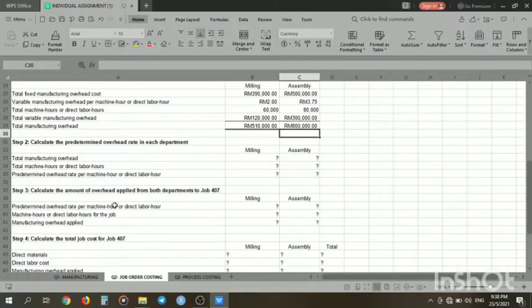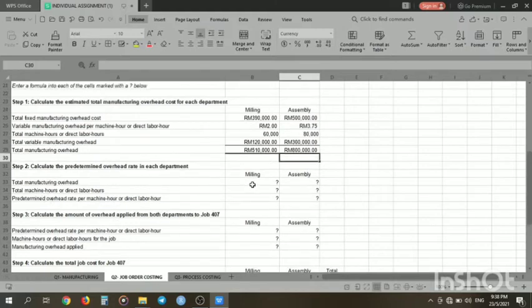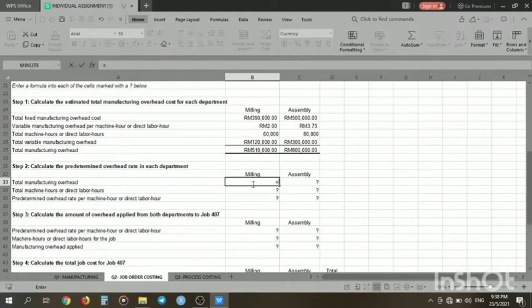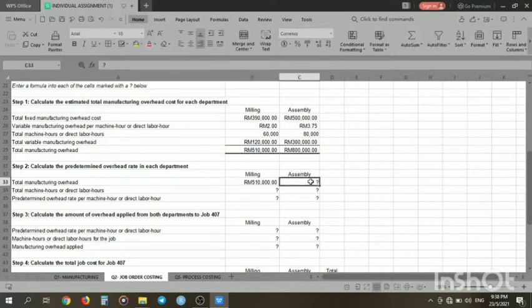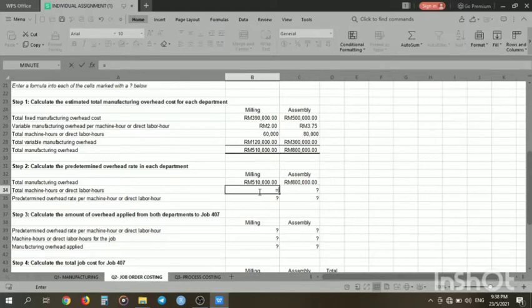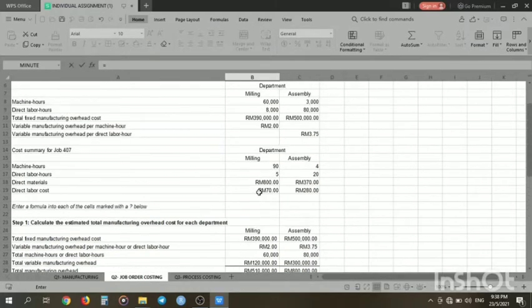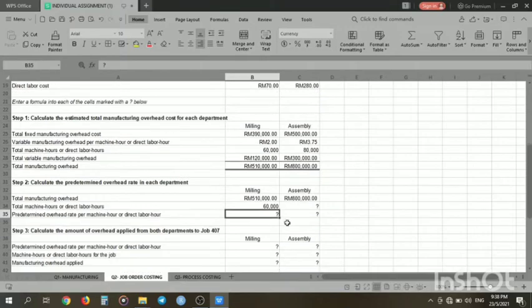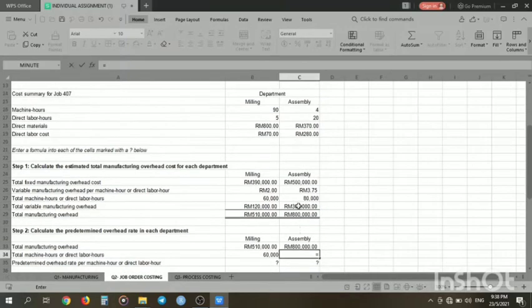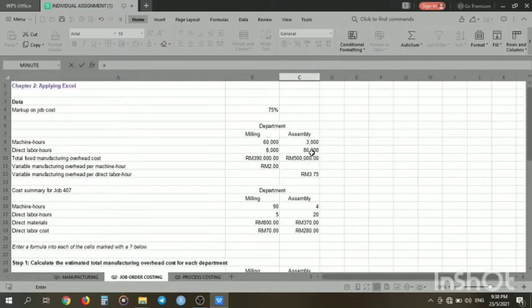For step 2, for the total manufacturing overhead for milling, we just took the amount from the previous step, and for assembly also. The total machine hours or direct labor hours for milling is 60,000, and for assembly 80,000.